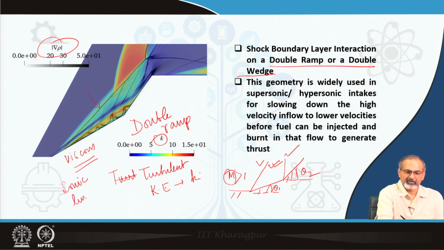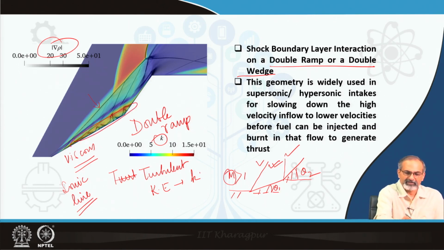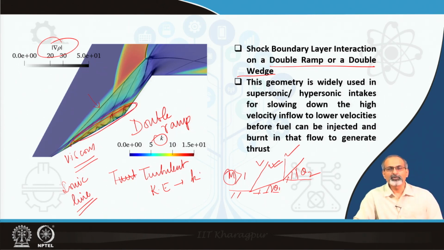And additionally, because of the effect of the adverse pressure gradient produced by the shocks, the boundary layers tend to separate, and this is essentially the footprint of a separation bubble which is forming over there.